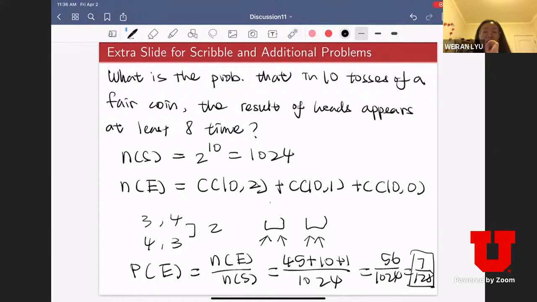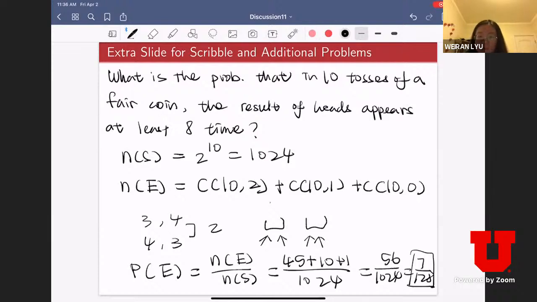But in terms of the total number of outcomes, I think it's an ordered list. For the total number of outcomes, the order matters, but for the part asking if it contains at least 8 heads, that part would be an unordered list.